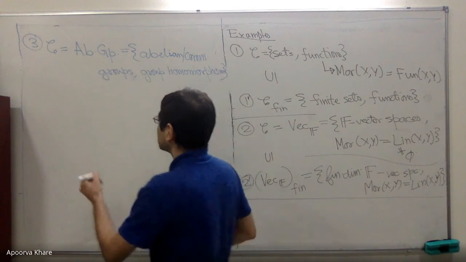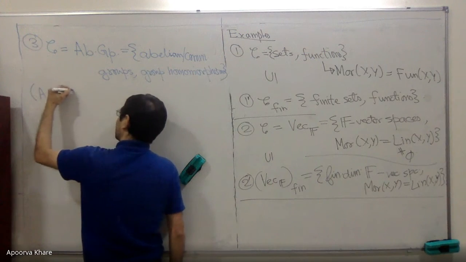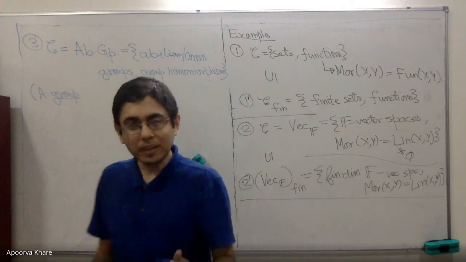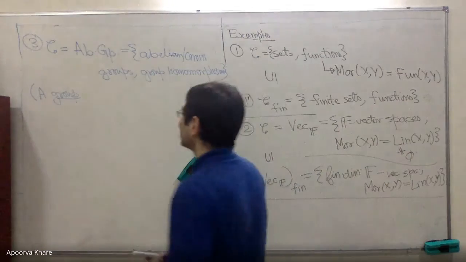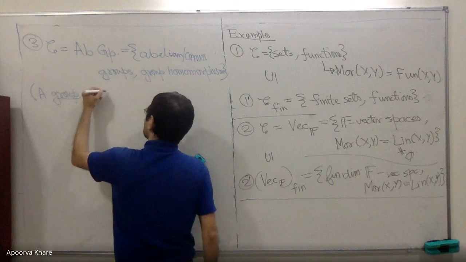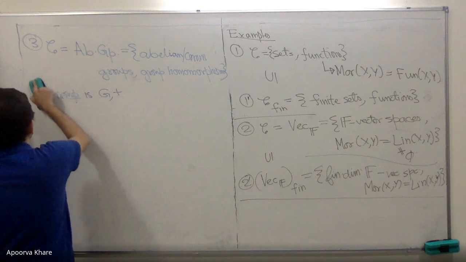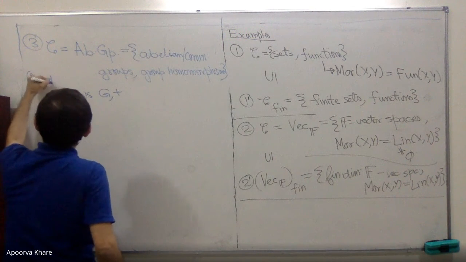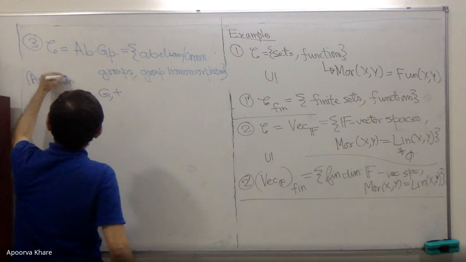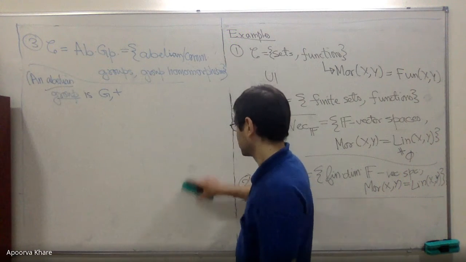So let me remind you. A group is basically the same thing as the first part of the definition of a field. A group is a triple (G, plus, 0, minus), and I'll just do abelian groups anyway. This is not a group theory class.